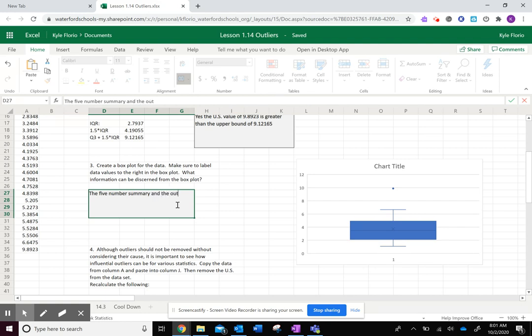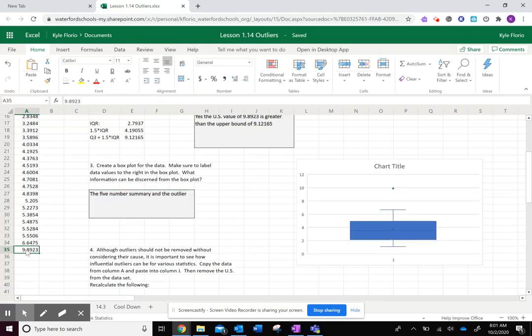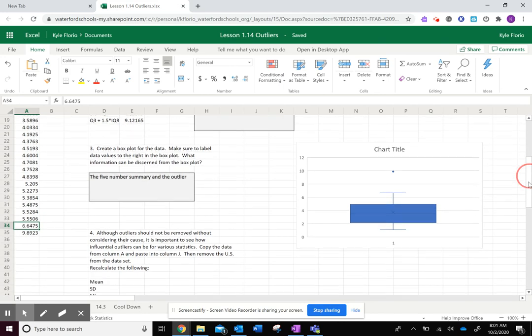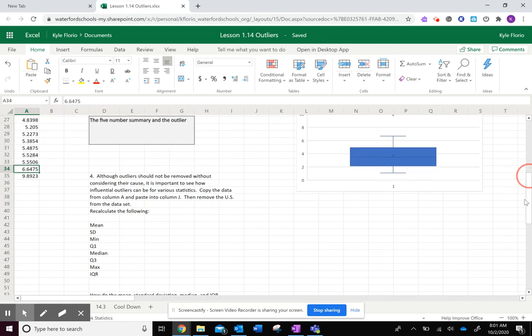It takes the outlier out of the max. So instead of making 9.89 the biggest, where the whisker goes, it puts that as a point as an outlier and has the whisker stop at the next highest value, which is 6.6475. So the box plot gives us the information of the 5-number summary, like always, but also it's going to give us the outliers.